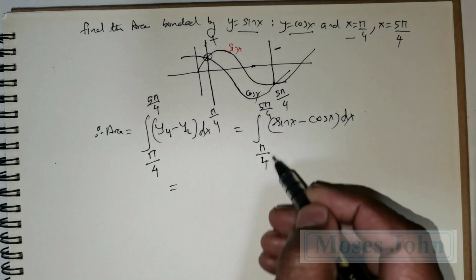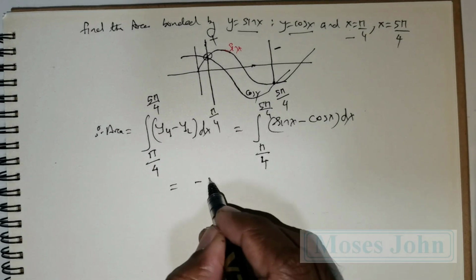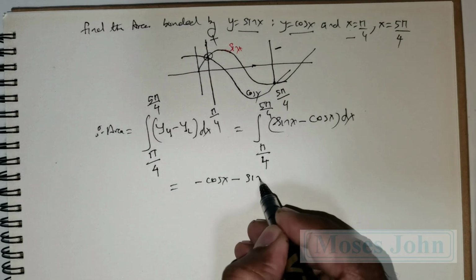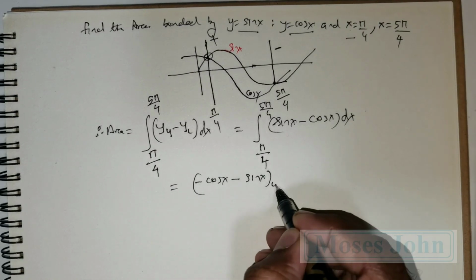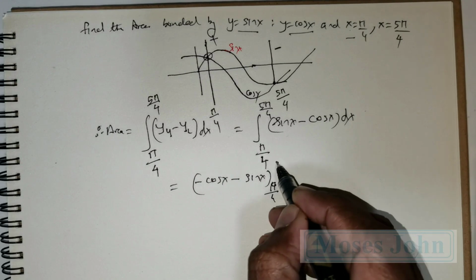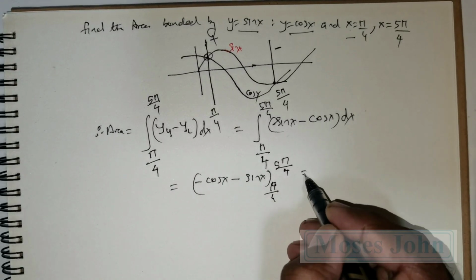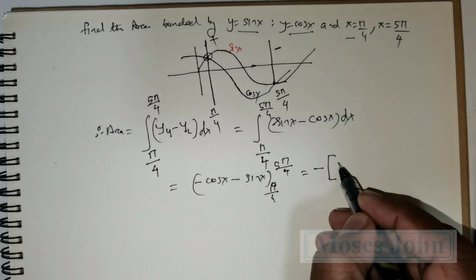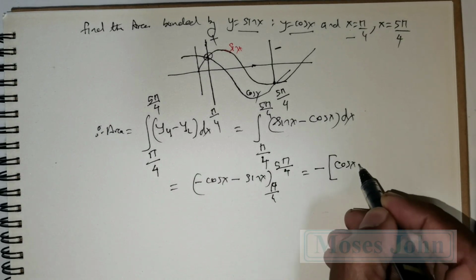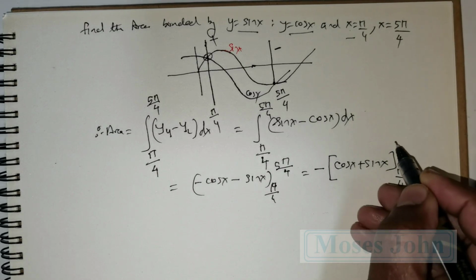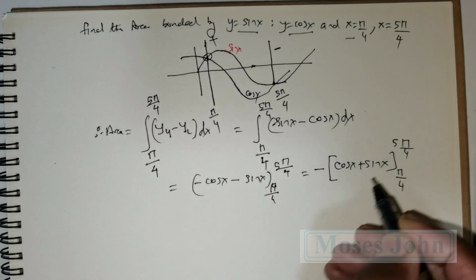Now if you integrate sin x, you get negative cos x. You integrate cos x, you get sin x. So the limits are pi over 4 to 5 pi over 4. I can rewrite this by taking the negative sign. So that is going to be cos x plus sin x, and the limits are pi over 4 to 5 pi over 4.